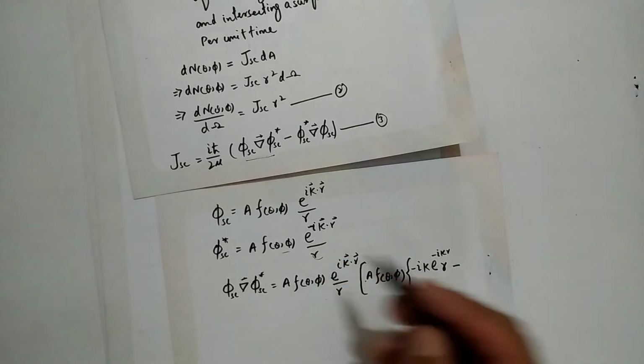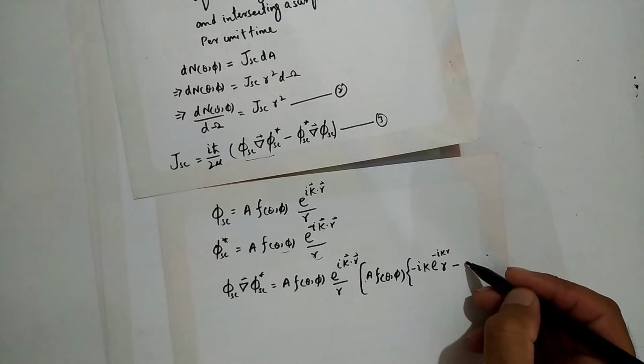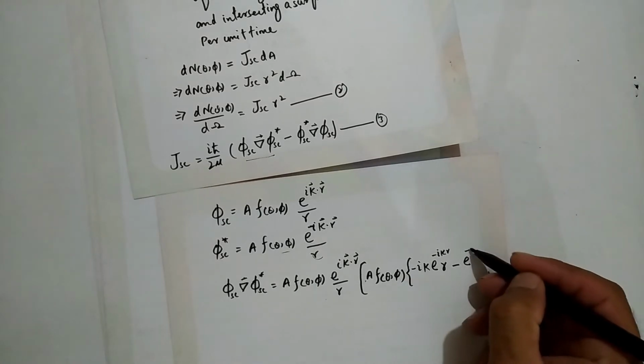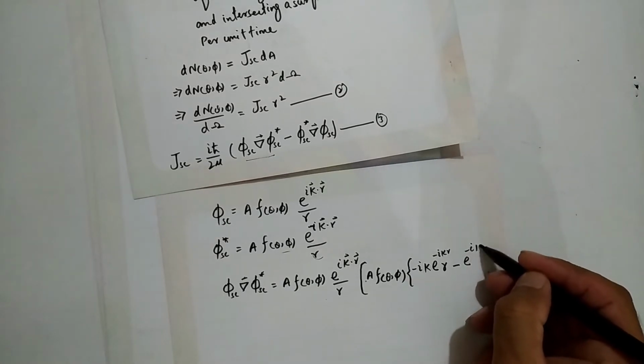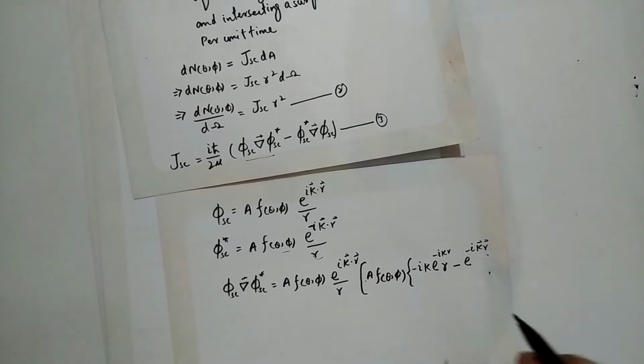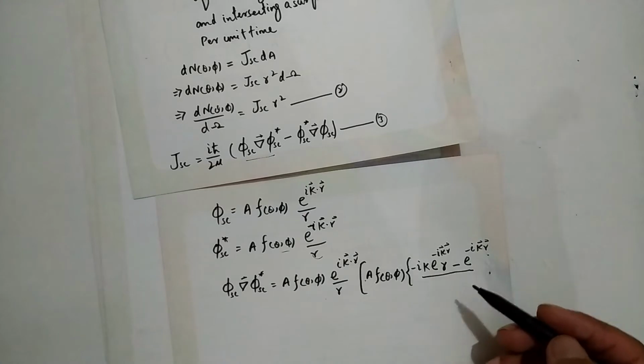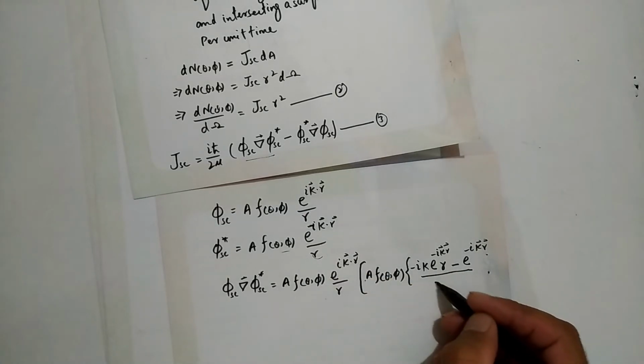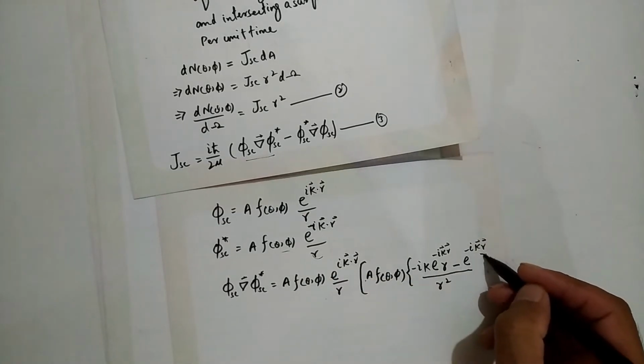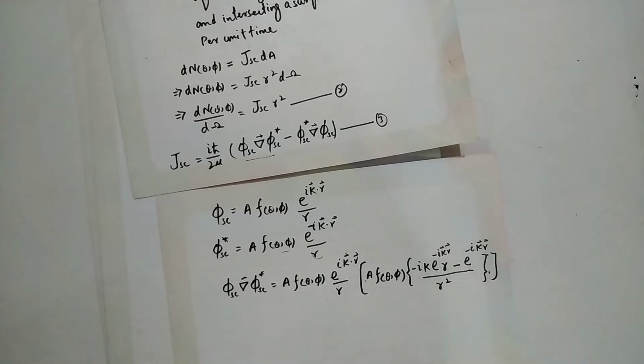Its derivative will be equal to 1. Therefore we will get e power minus ikr divided by r square. Clear?